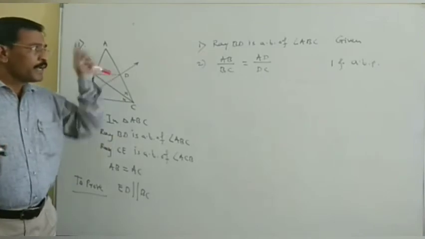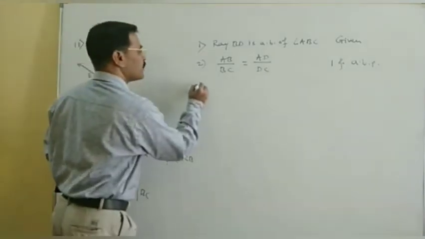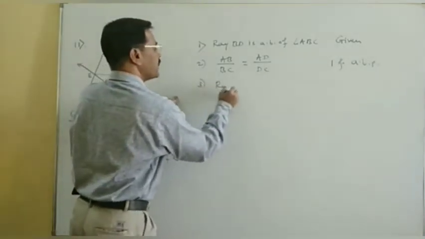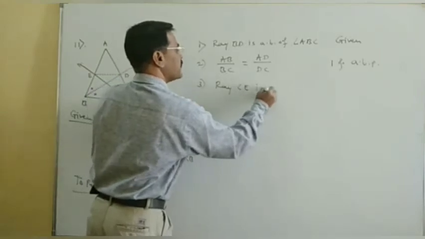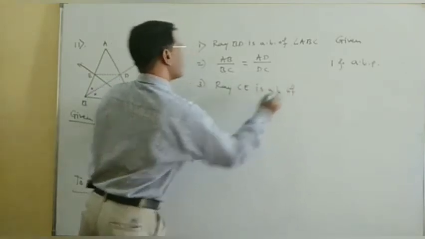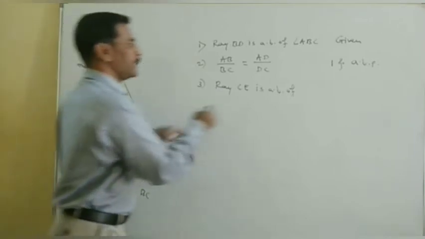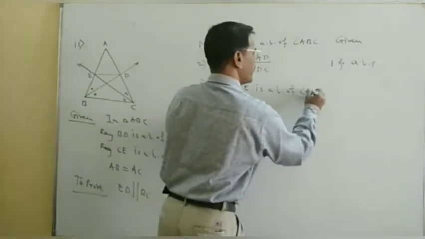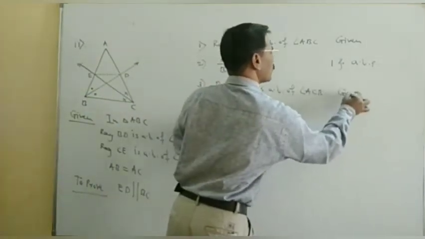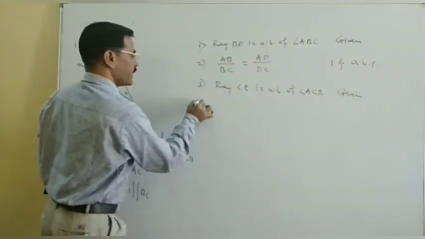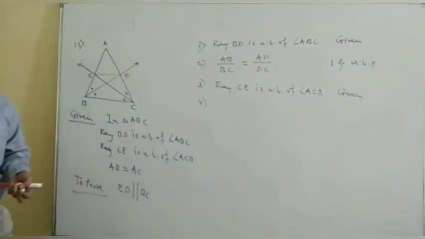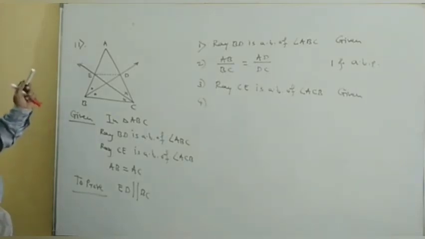Okay, now similarly, the next part is what? Ray CE is angle bisector of angle ACB. Look how easy it is. This is also given. Now for the next part, apply the angle bisector property again here also. Which property can we apply here?